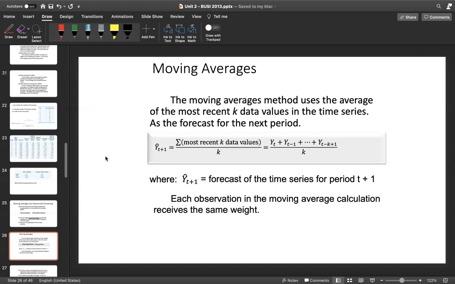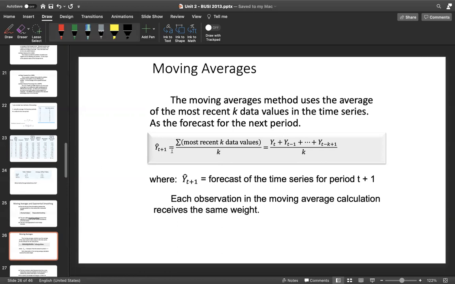Like I said, a moving average of 2 would be the average of the two recent data values, or the two previous ones.